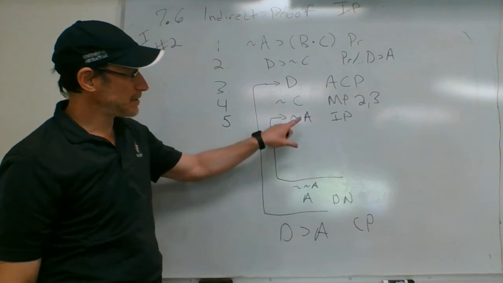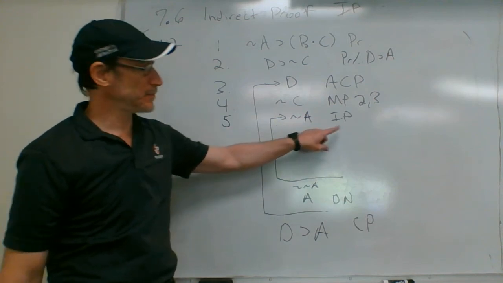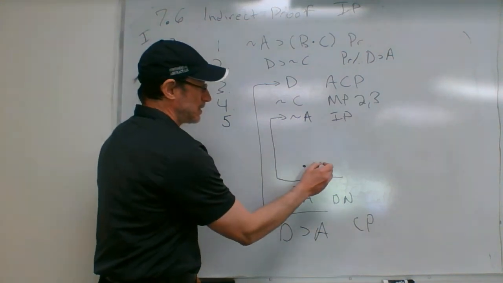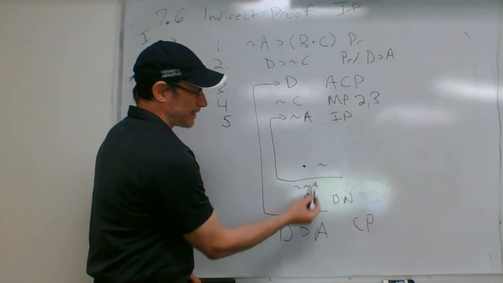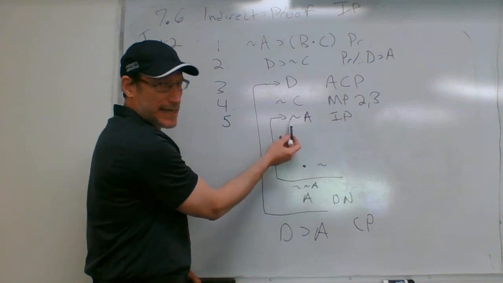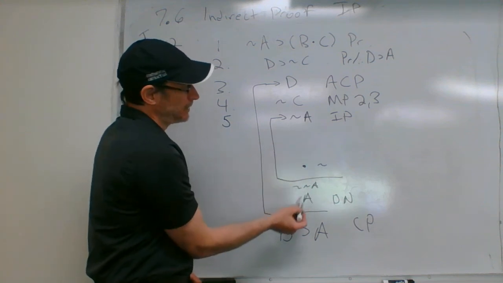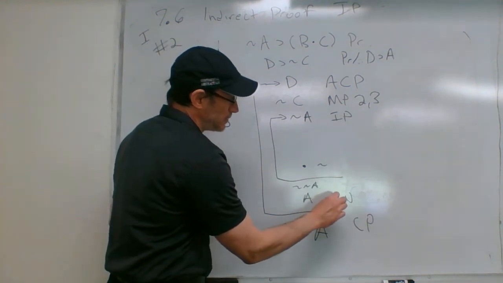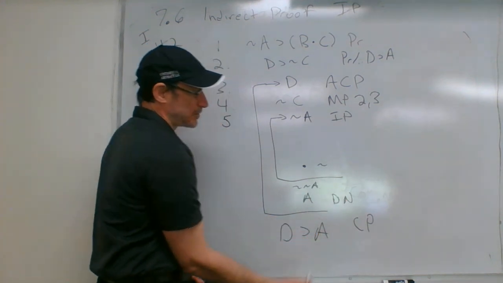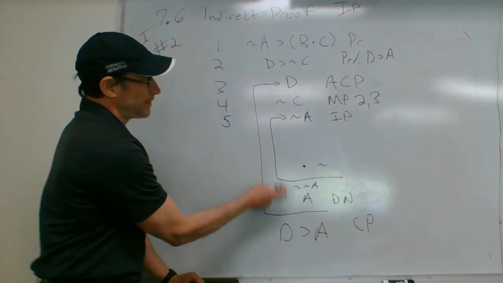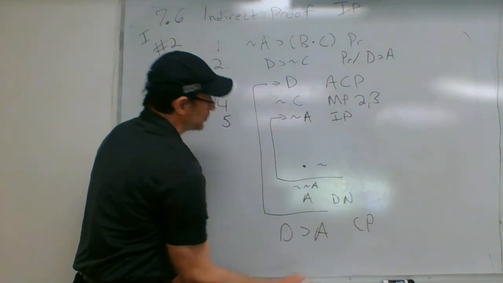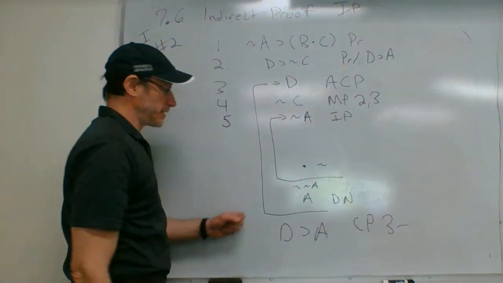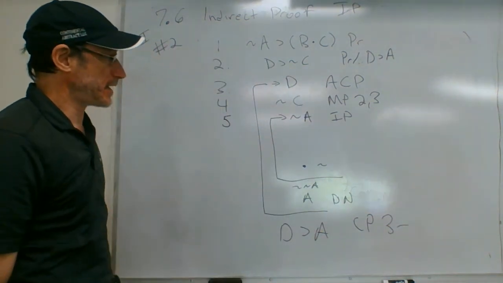This is assuming not A for an indirect proof. Get to some kind of contradiction, blank and not blank. That's going to be a contradiction that allows me to tack on a tilde to the not A, and then I'll do double negation to remove the two tildes, and then I'll have A, then I'll go D horseshoe A by conditional proof on step 3 through whatever step is A.